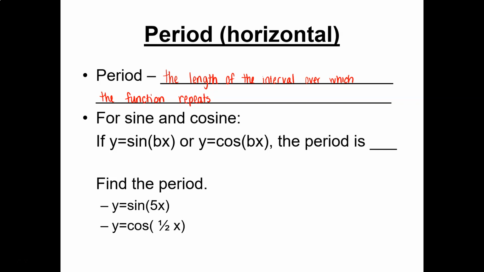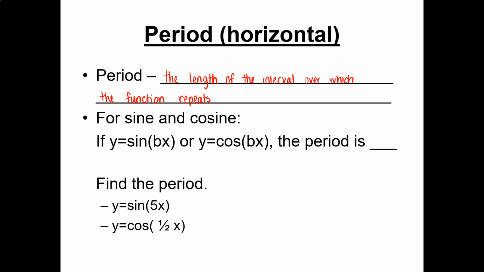So normally, with just sine or cosine that has not been transformed in any way, the period is going to be 2 pi. But if we have a horizontal expansion or compression, think about what that sine graph looks like. If you take it and pull it out or push it in, it's like an accordion, right? So if you stretch it out, that period is going to be longer.